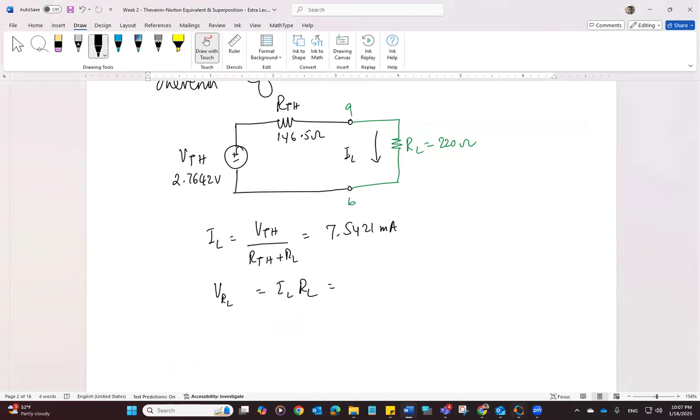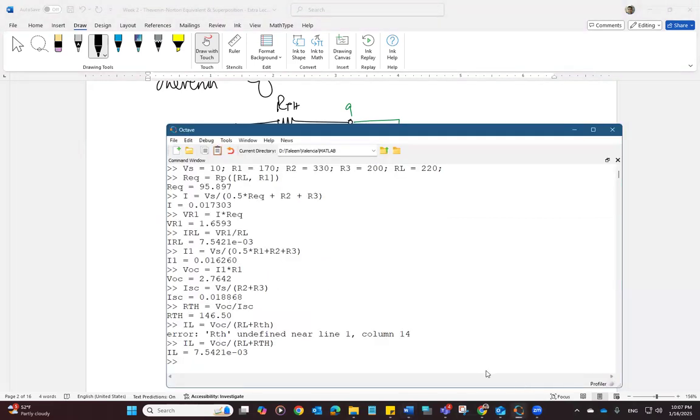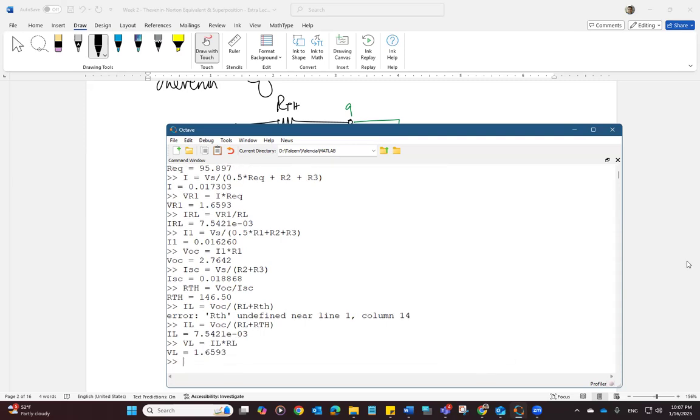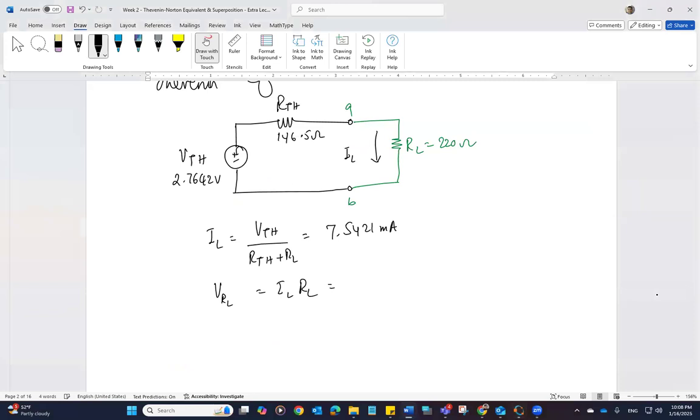And since the current is the same, of course, the voltage will be the same as well. So VL is equal to IL times RL, 1.6593 volt.